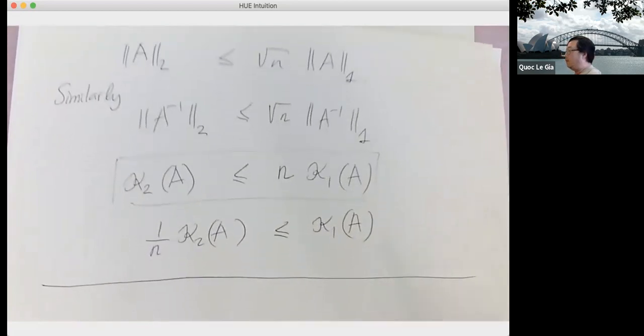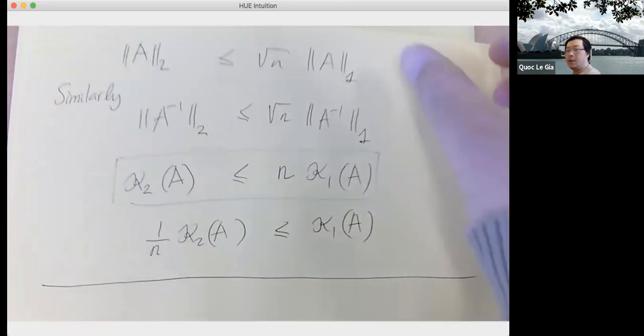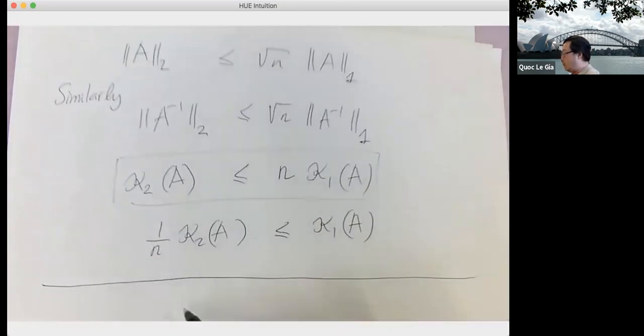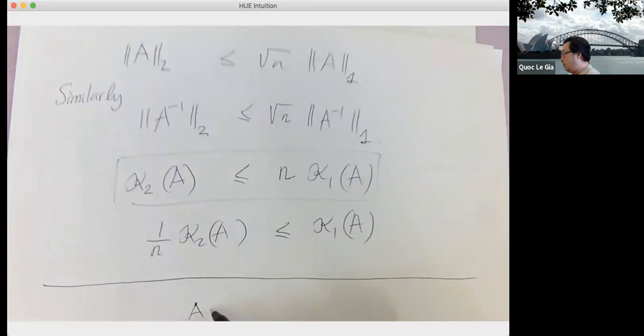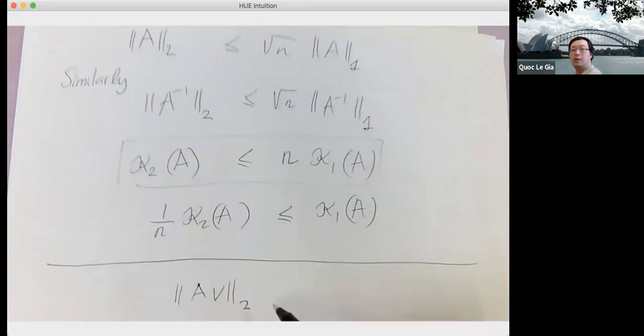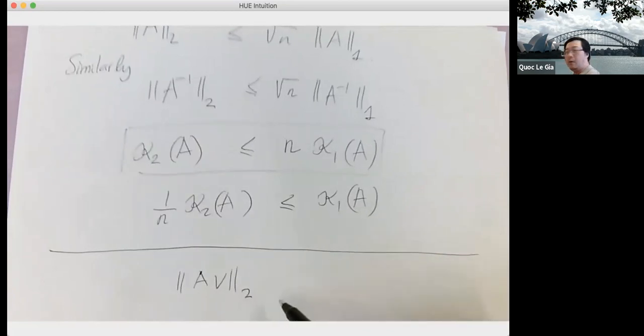The difference is now I will have AV in the 2 norm. Remember before I made it less than or equal to the 1 norm, but I don't want that. Now I want to use another way.